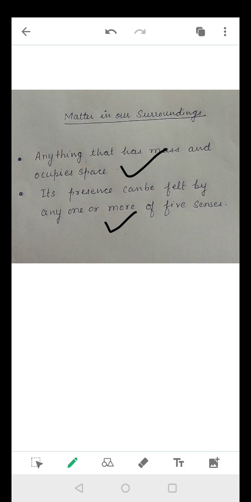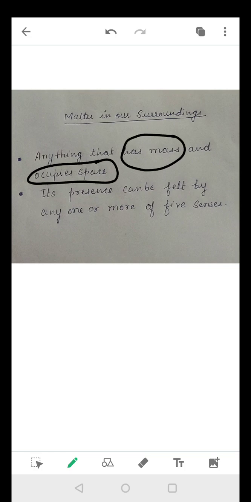Right? So we keep in mind the points for the definition of matter: first, it has mass, and secondly, it occupies space. Okay? And third, it can be felt by your five sense organs. So that is called matter. Can you define matter now? Right.